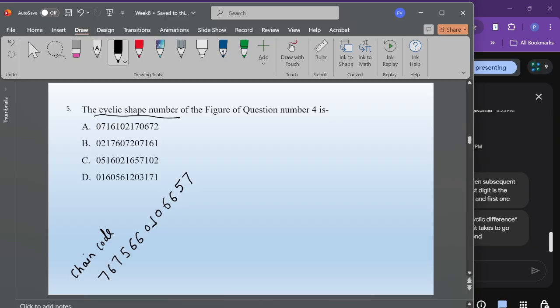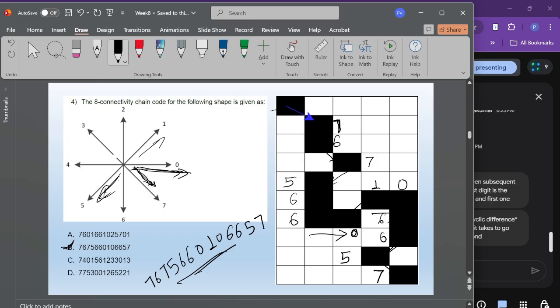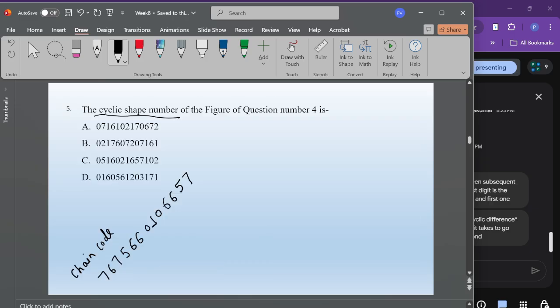So now we need to take the first difference of the chain code, calculated by taking the difference between each adjacent pair of digits modulo n. Here n is 8, as it is an 8 connectivity chain code, right? It is given. So it is an 8 connectivity code.